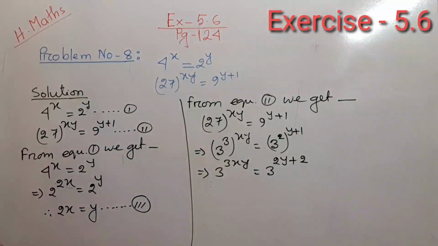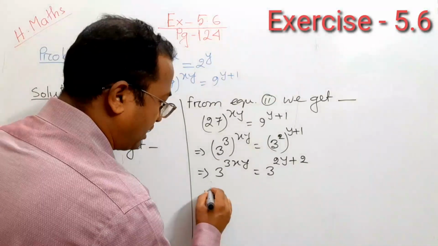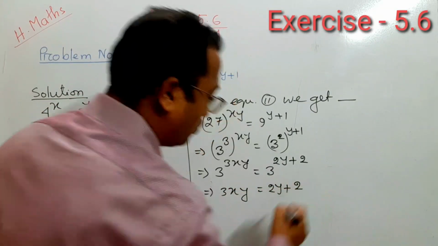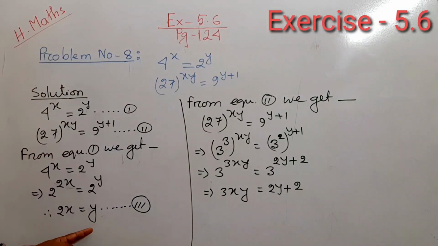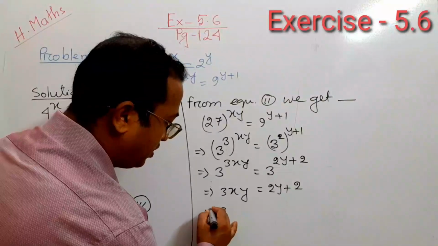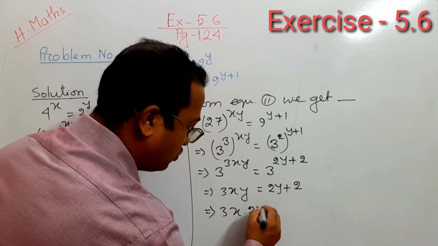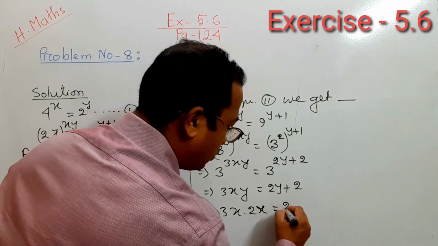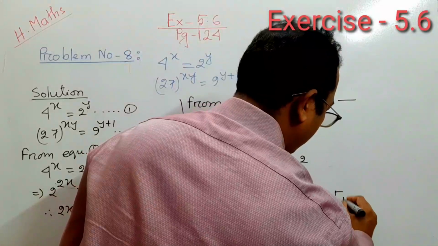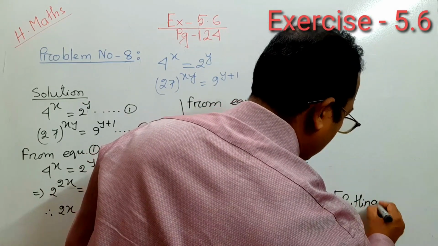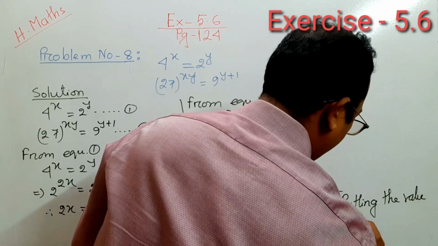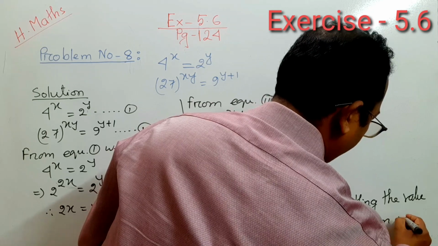Now on both sides the bases are the same, so the powers are also the same: 3xy equal to 2y plus 2. Now from equation number 3 we can put the value of y over there. It will be 3x into 2x equal to 2 into 2x plus 2, putting the value of y from 3.